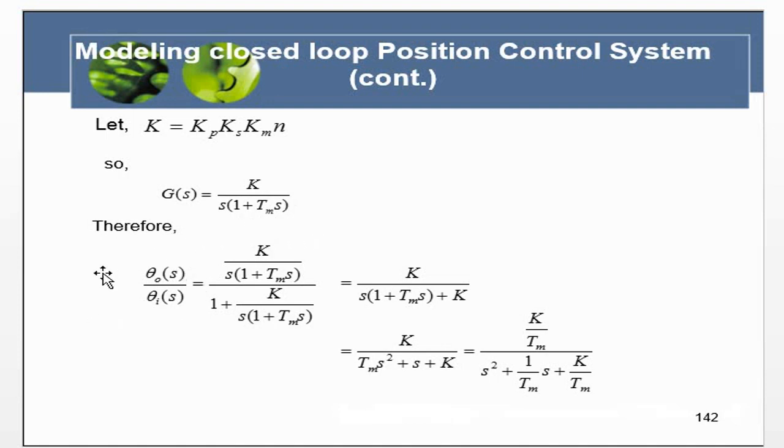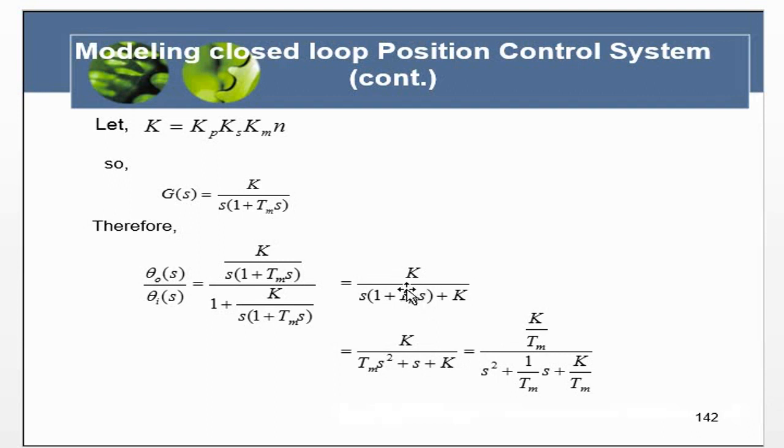Therefore, we get that the transfer function θos per θis is equal to K per S(1 + TmS) divided by 1 + K per S(1 + TmS).